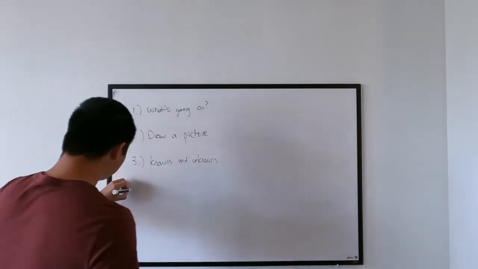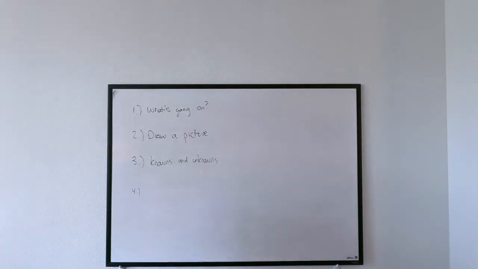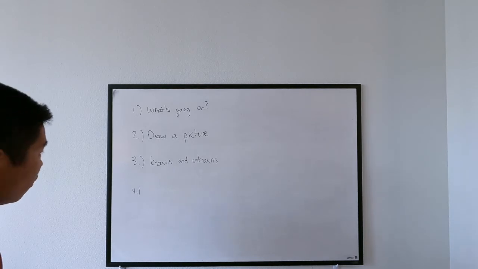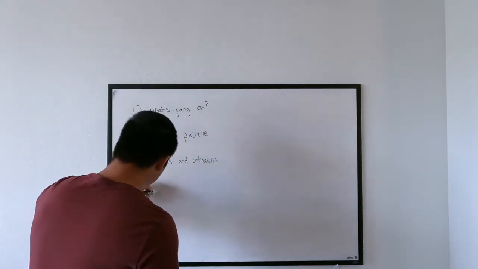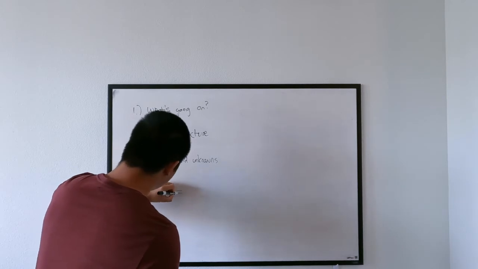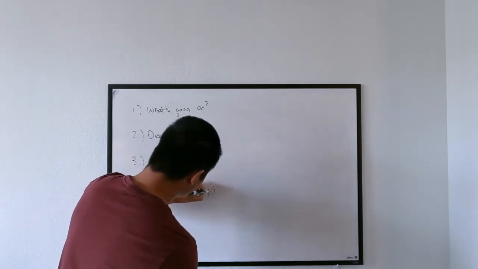Number 4 is gather relevant equations to relate your free body diagram to what's going on, okay? So we drew the free body diagram, right? So relate, essentially, number 2 and number 1.